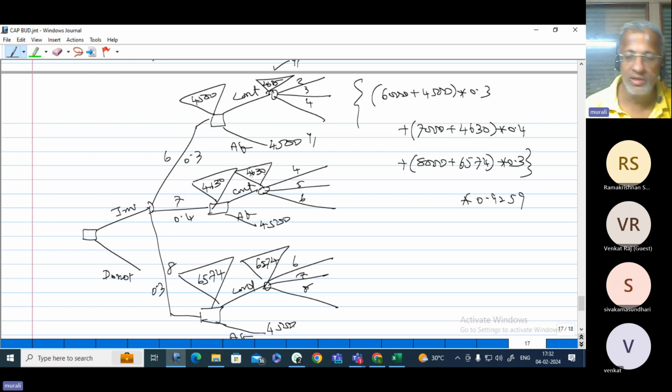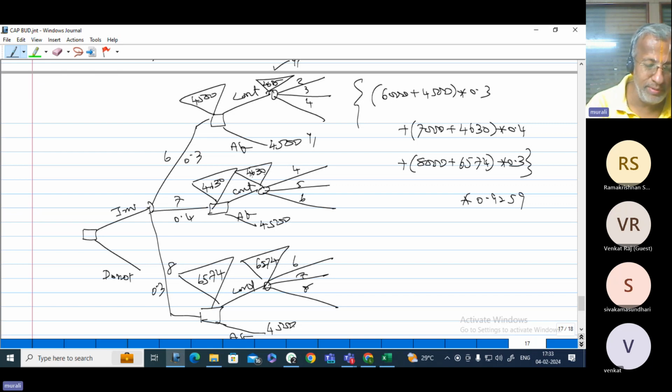Don't engage in very fast copying and all that. Please just do that. 6,000 plus 4,500 into 0.3 memory, plus 7,000 plus 4,630 into 0.4 memory, plus 8,000 plus 6,574 into 0.3 memory, plus recall memory into 0.9259.